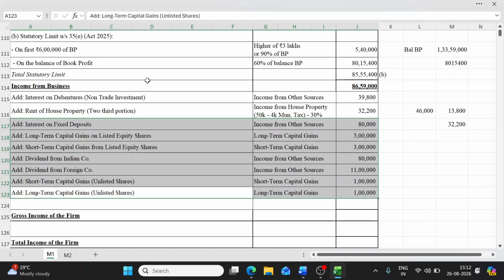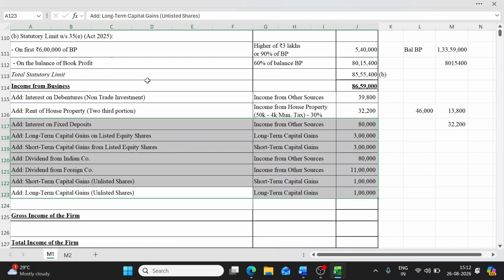Interest on fixed deposit, long-term capital gain on listed equity shares under the head long-term capital gain, short-term capital gain on listed equity shares under the head short-term capital gain, dividend under the head income from other sources, short-term capital gain and long-term capital gain on unlisted shares under the head capital gain.